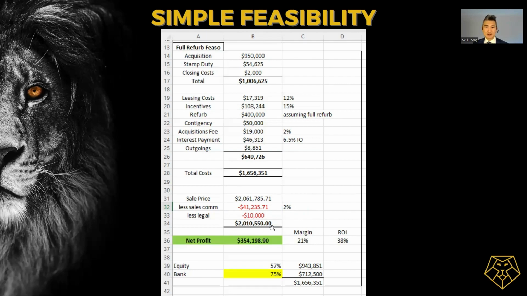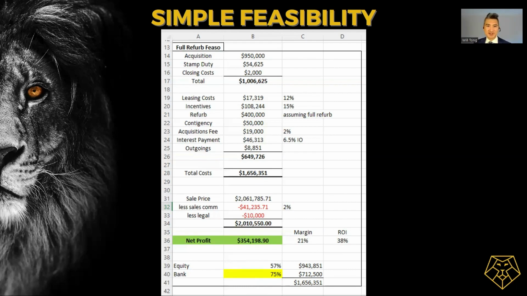So my net proceeds after selling the property is going to be $210,000, which would then give me a net profit in this example of $354,000, which equates to a project margin of 21%. And if I'm borrowing 70% from the bank, it will give me a 38% return on investment of equity.